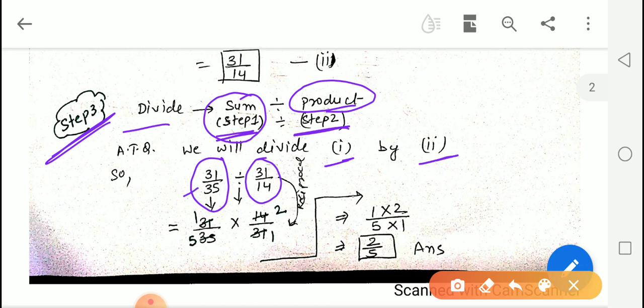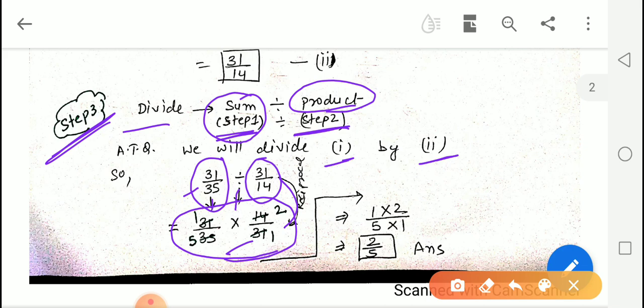This is the first equation, this is the second. This division sign will change into multiplication like this, and we will copy down the first number as it is. We will take the reciprocal of this and solve these numbers as a multiplication.